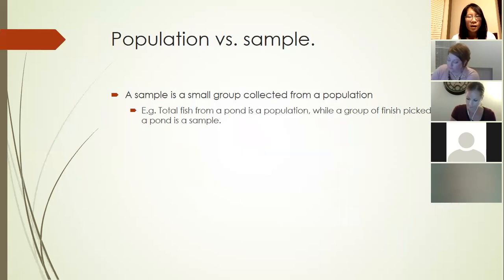Okay, and what is the population? What is the sample? I think this is kind of easy, because the sample is basically a small group collected from a population. For example, the total fish in a pond is a population, but you cannot do an experiment or testing on every fish from the pond.